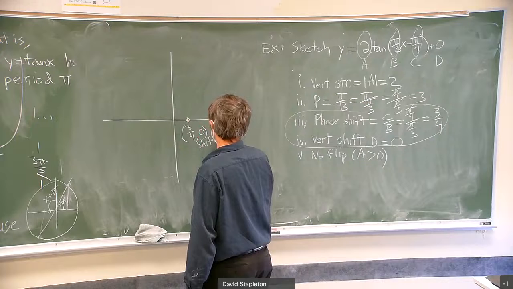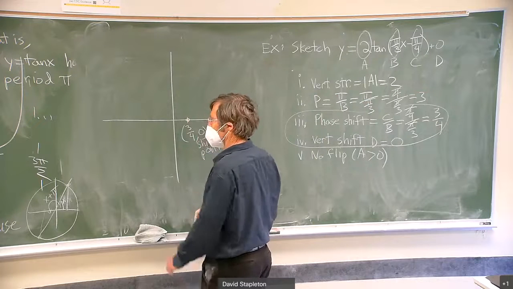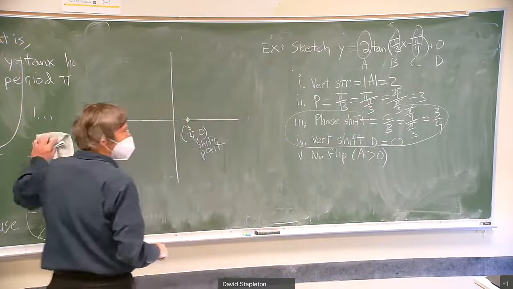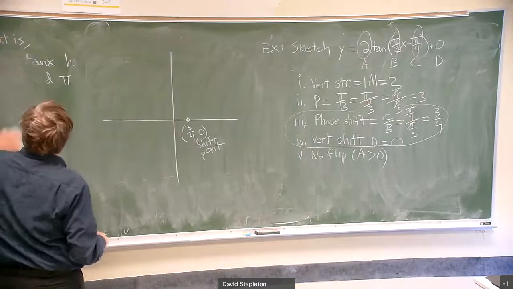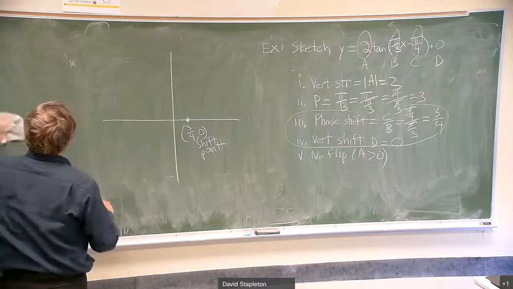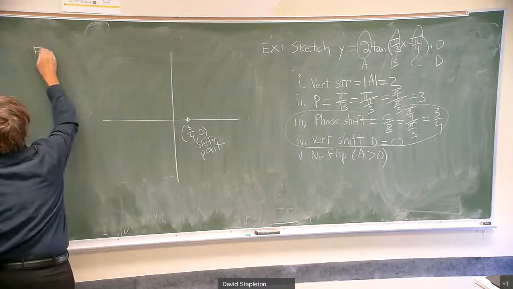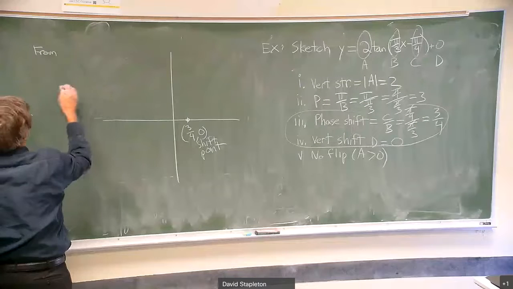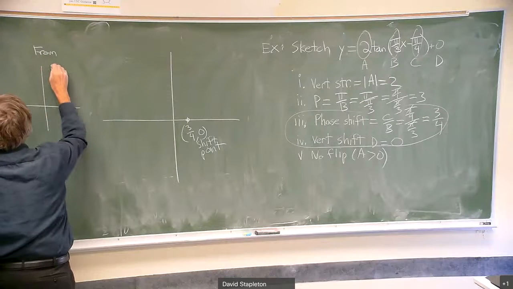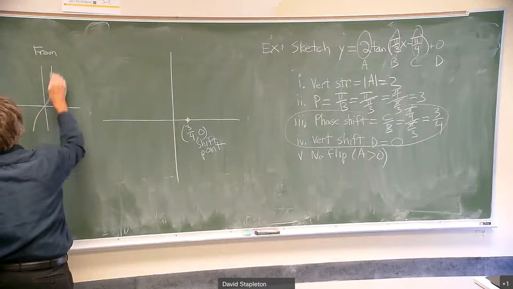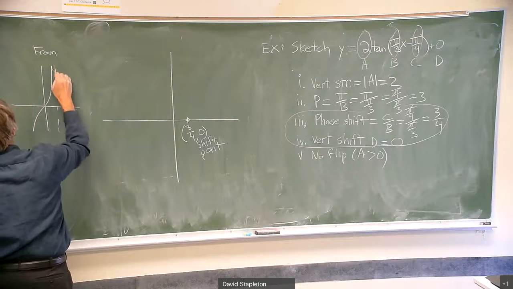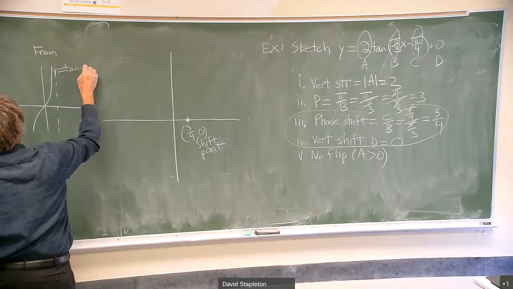And I'll start there. That corresponds to what was the origin on tangent. Let's see if I can get this online. Here. And the idea is you say from the graph of the basic tangent, you just apply those techniques. The basic tangent looked like this. It was the origin, like with tangent x.